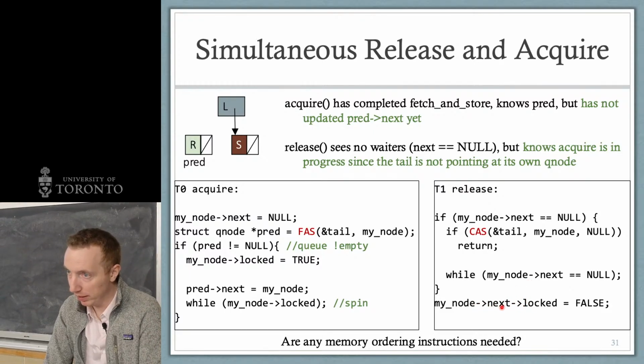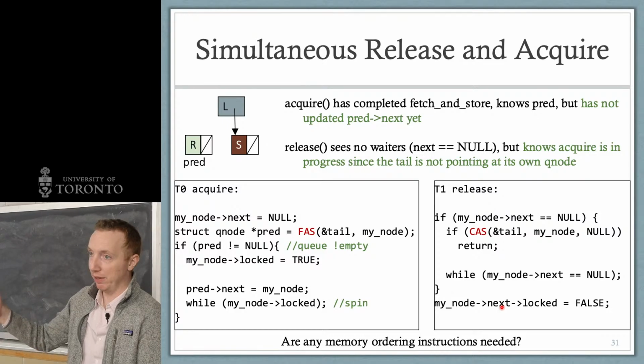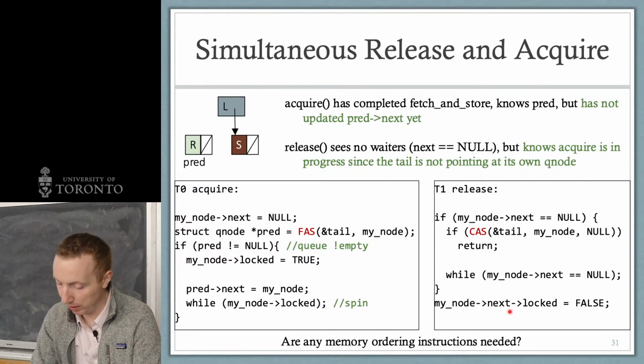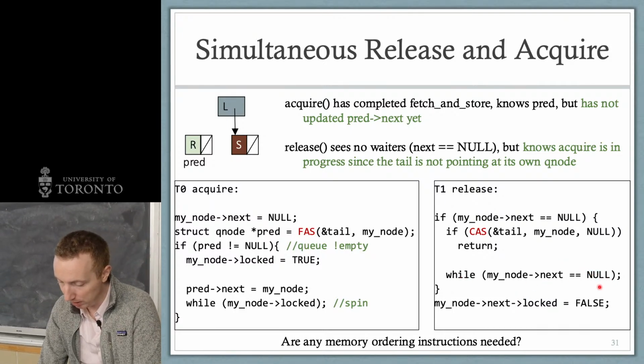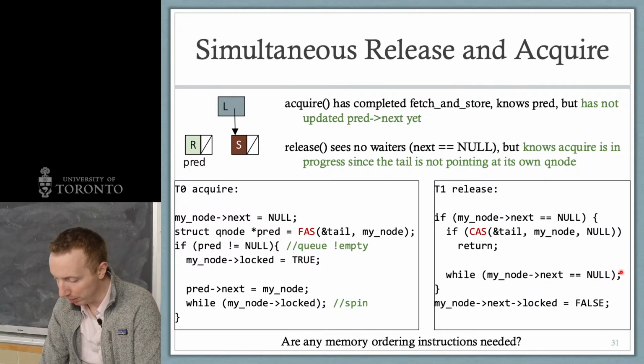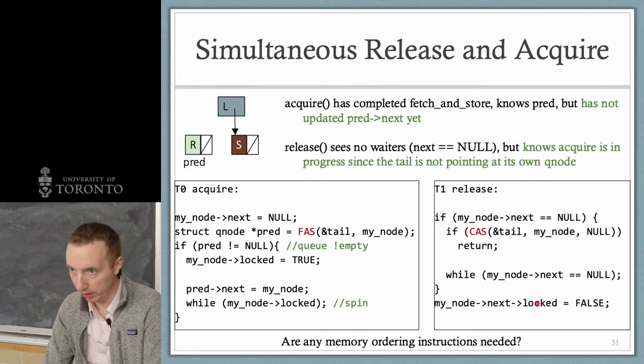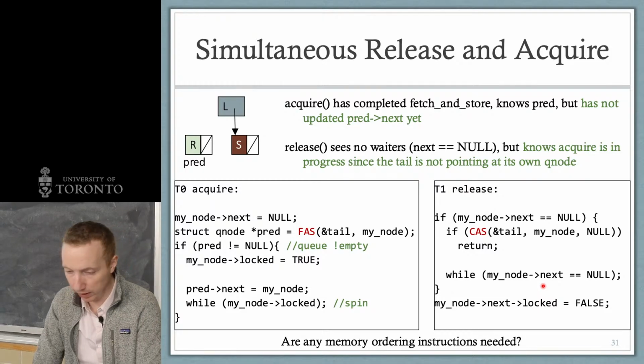When I read it again, it is actually up-to-date. It doesn't have any coherency issues or anything like that. I don't want to read a stale next here. So I would need a read barrier as well. Normally you put it as part of this while: while, and then a memory read, and then have it spin over and over again.